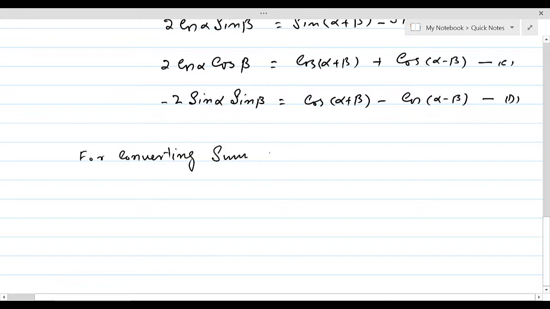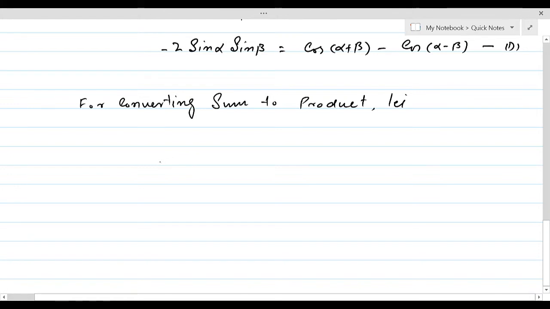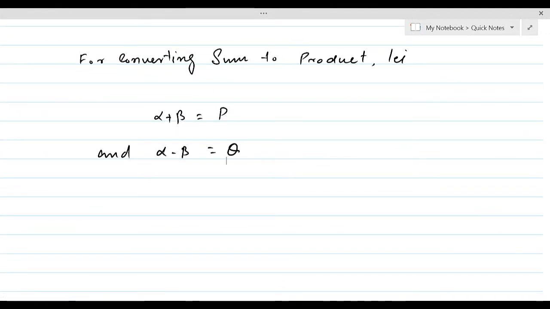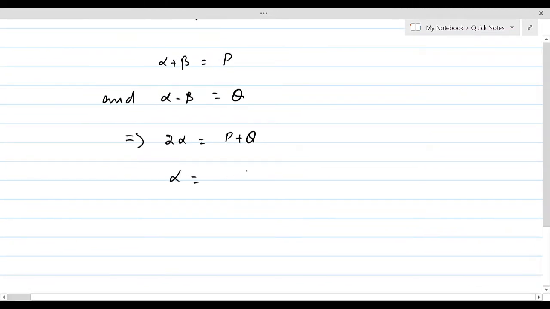Let's assume that alpha plus beta is equal to P and alpha minus beta is equal to Q. Then by adding, 2 alpha is equal to P plus Q, and alpha is equal to P plus Q by 2.